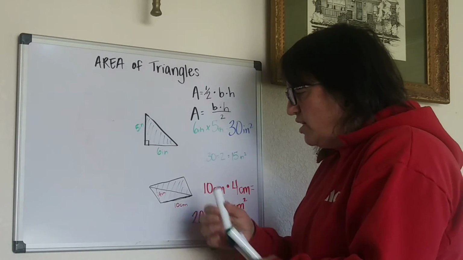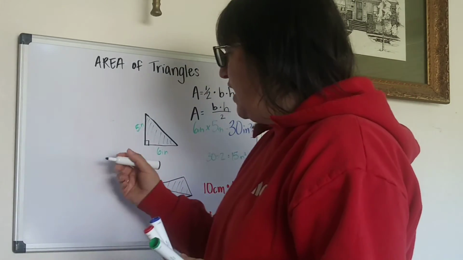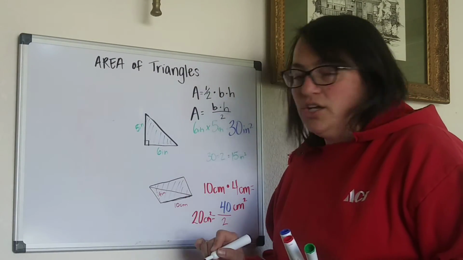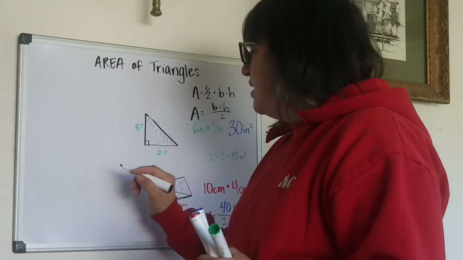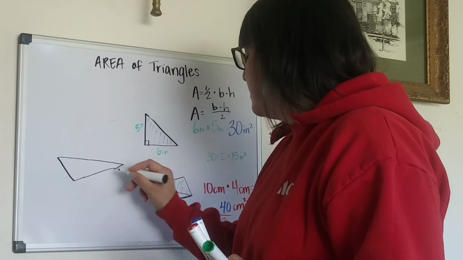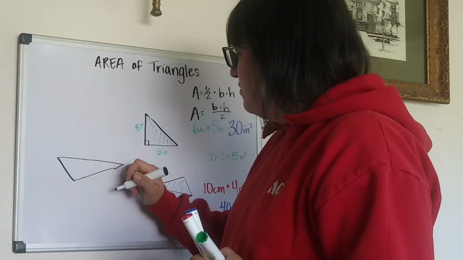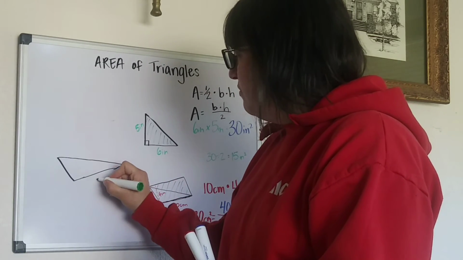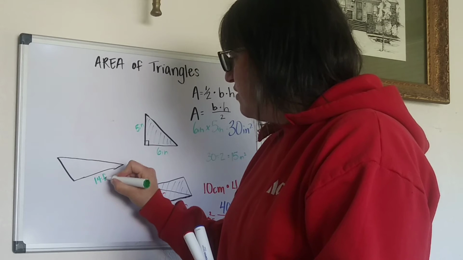What I want to show you really quick too is, sometimes when you have just a triangle, like I drew in the parallelogram, my line can go straight up to the top. But sometimes when you have an obtuse or whatever triangle like this, it's kind of confusing because they'll label, let's say, the bottom 14 feet or something.